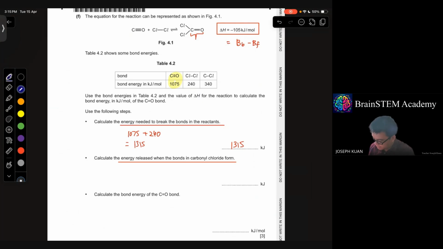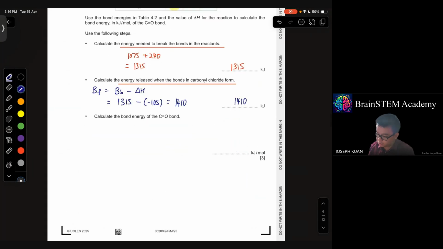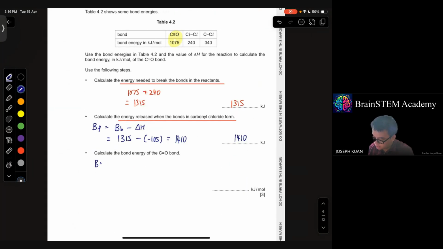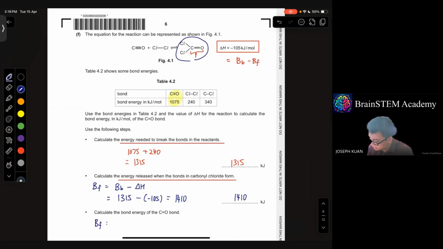So we can find the energy of bond formation by readjusting the equation to give bond breaking minus our delta H. Bond breaking we have calculated is 1315, and from the question itself, delta H is negative 105. So altogether, it is 1410 kilojoules.